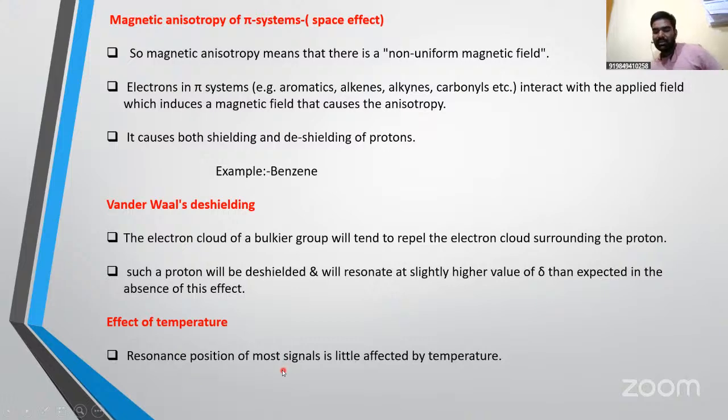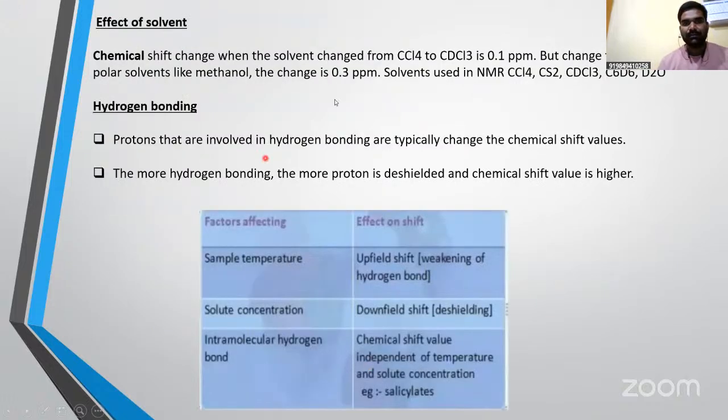Effect of solvent: chemical shift changes when the solvent changes from CCl4 to CDCl3. The change is 0.1 ppm, parts per million.